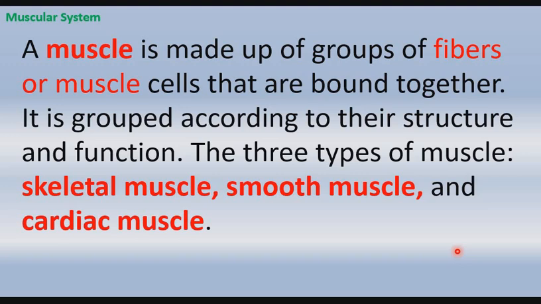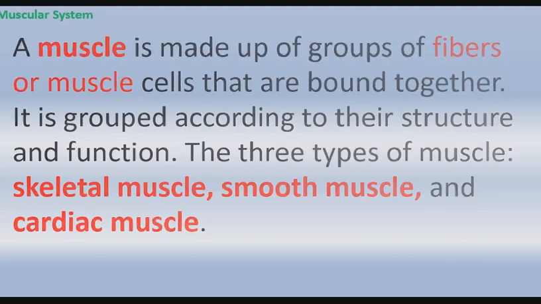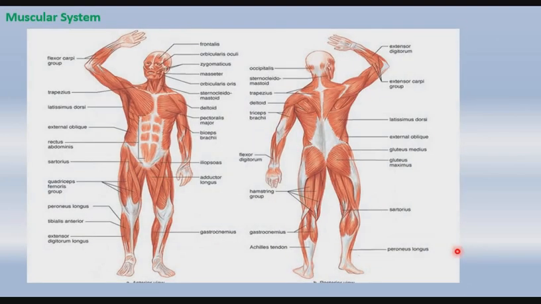Having known this, you should understand that muscles are circulated all over our body. Our body system is made up of muscles, these red colored structures that keep on moving all over our body, bringing about response to internal and external stimulus.